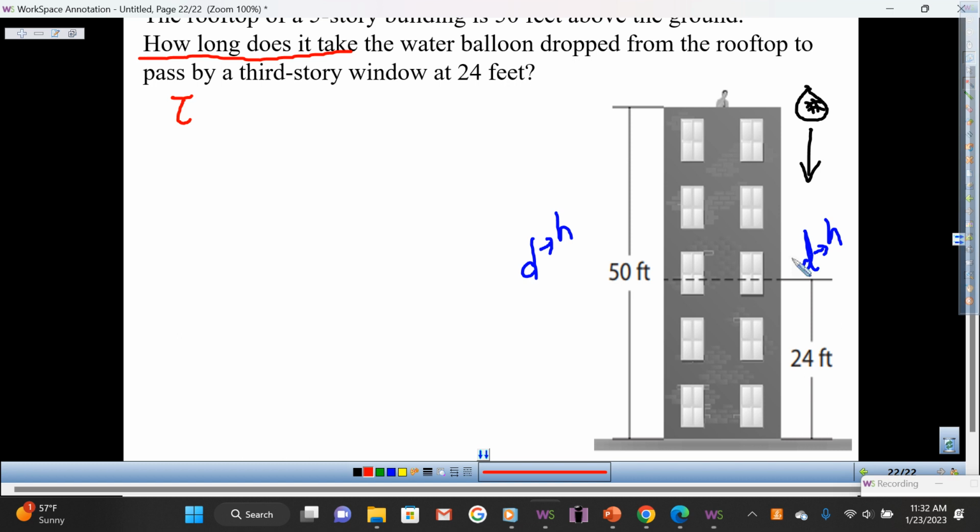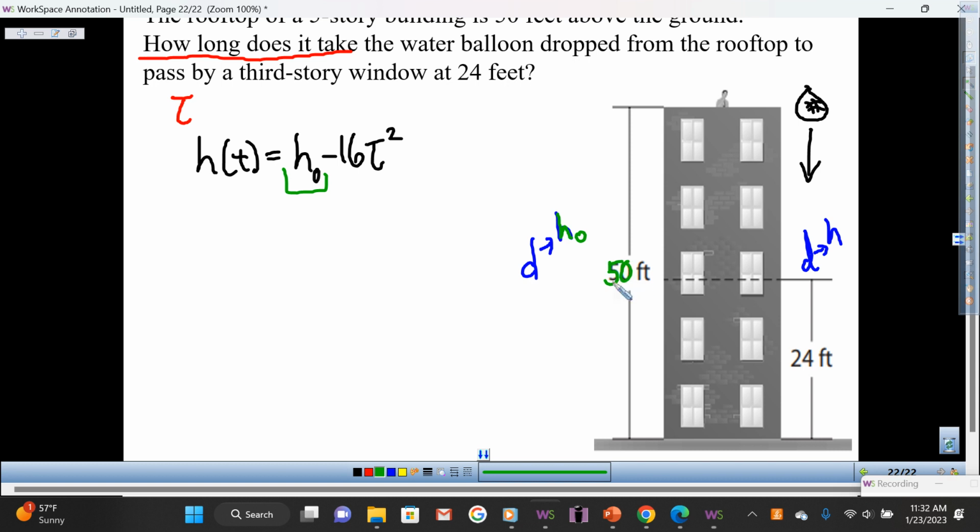Look at your formulas and tell your neighbor which formula you are going to use for that one. All right, so write it down. The second one, right? H of t equals H of 0 minus 16 t squared. Now let's see. What does H of 0 represent? The initial height, right? So what is the initial height of all this, guys? The 50. So this one, label it H of 0. Do that in green.